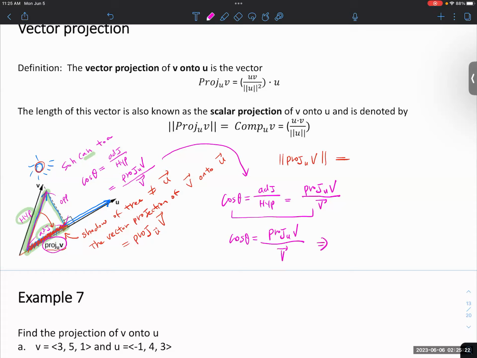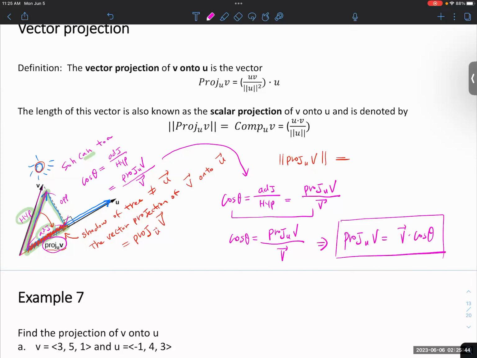Cross multiplication: the projection equals the v vector times cosine theta. So the projection of v onto u, you can find, is the v vector times cosine theta.